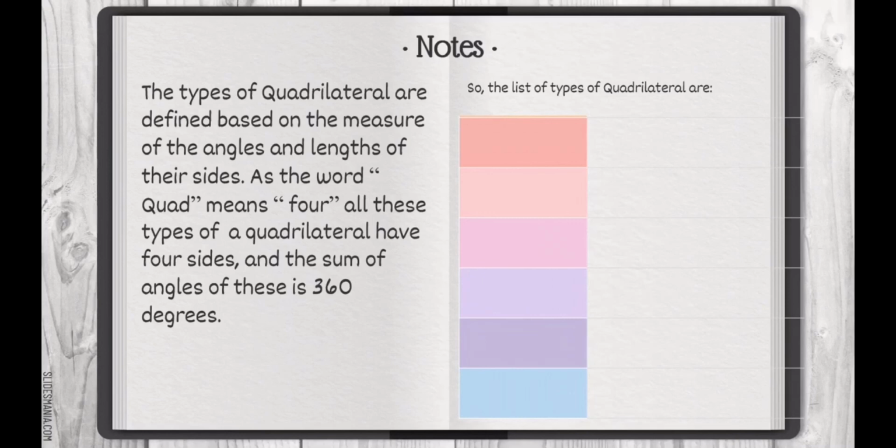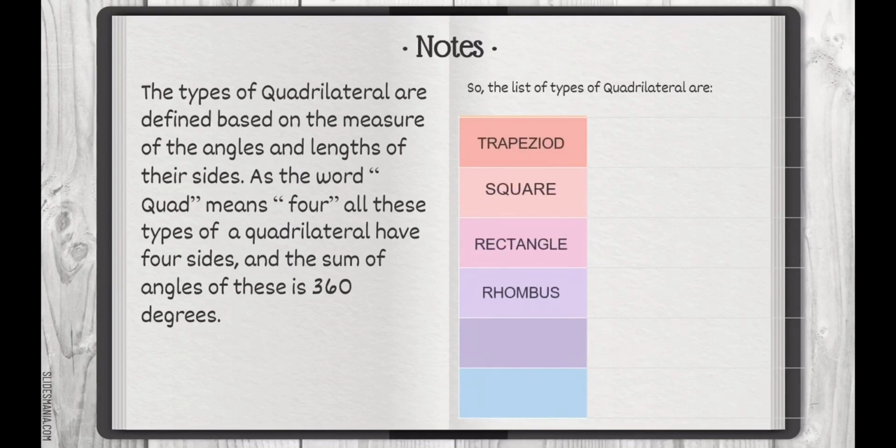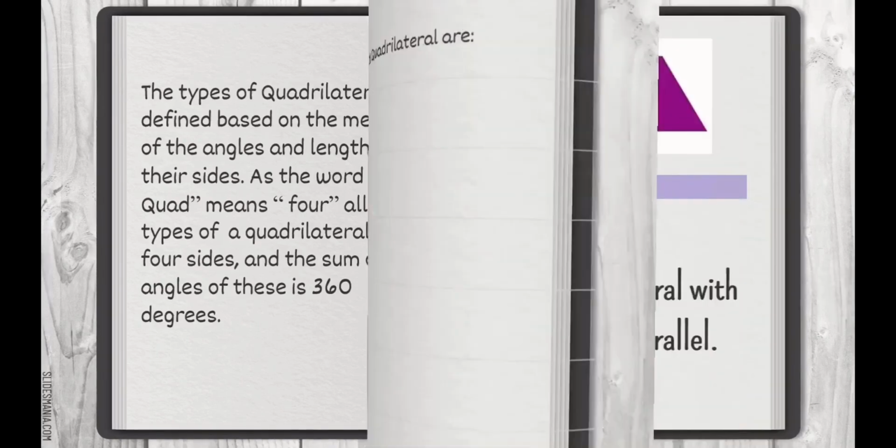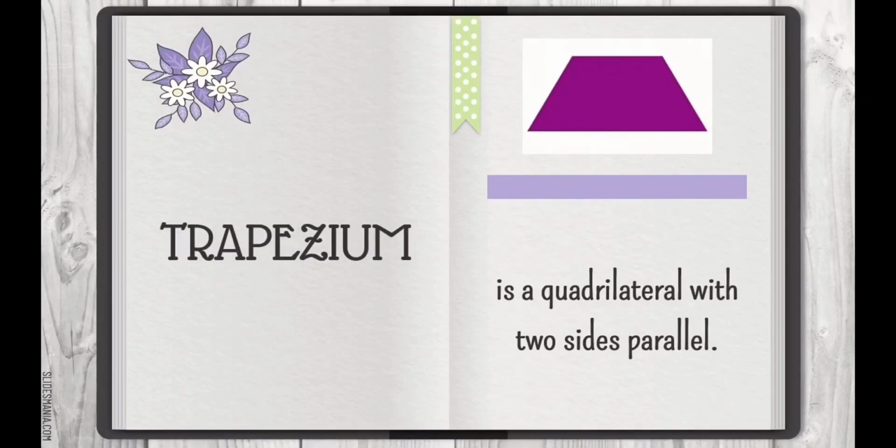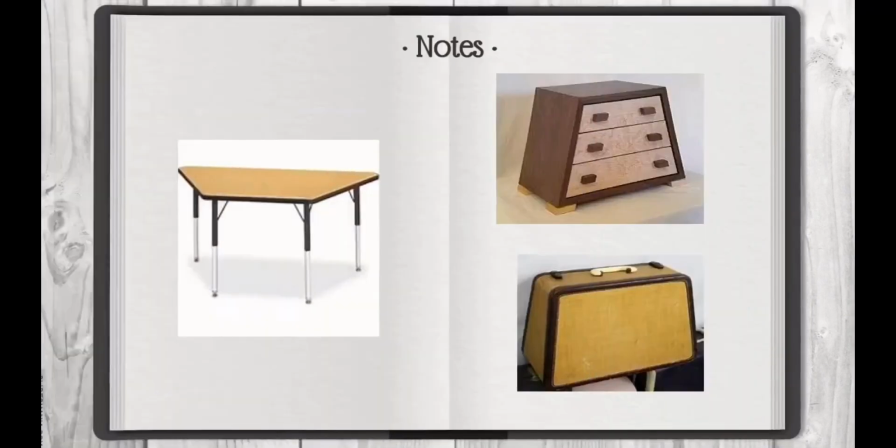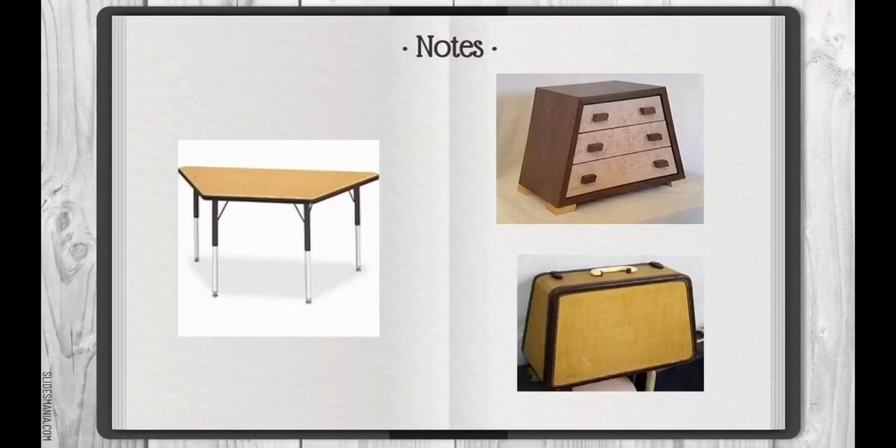So, the list of types of quadrilateral are trapezoid, square, rectangle, rhombus, kite, and parallelogram. A trapezium is a quadrilateral with 2 parallel sides. Examples are a table, drawer, and suitcase.